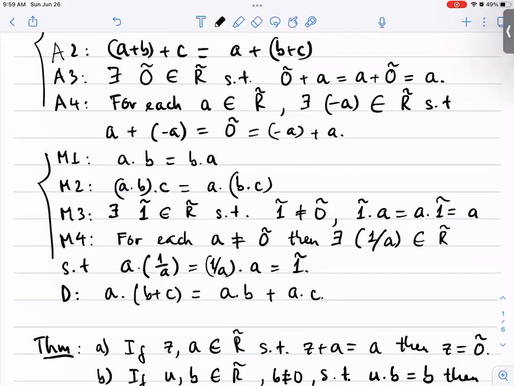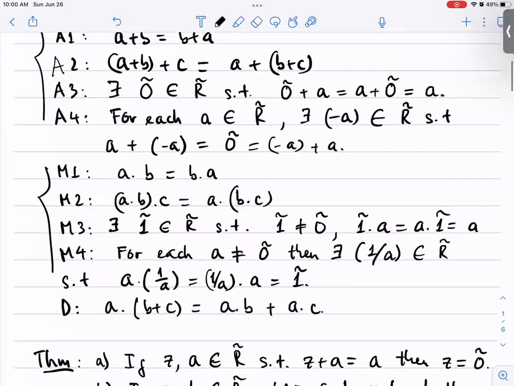The fourth property is that for each element A in the set of real number, there exists an element denoted by minus A also in the set of real numbers such that A plus minus A is equal to the zero element. So these are the axioms about addition.